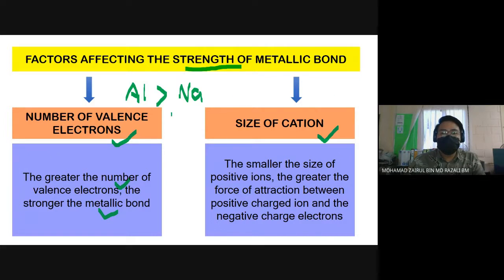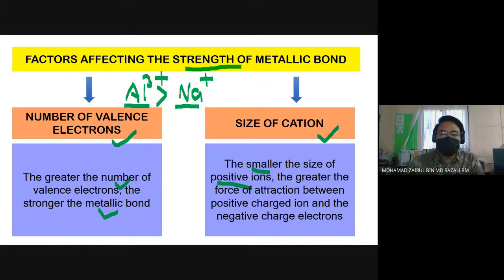Contoh, aluminium akan hasilkan aluminium 3+. Maknanya dia akan release 3 electron, while sodium akan release 1 electron from Na+. So number of valence electron in aluminium is greater than sodium. That's why aluminium have a stronger metallic bond.